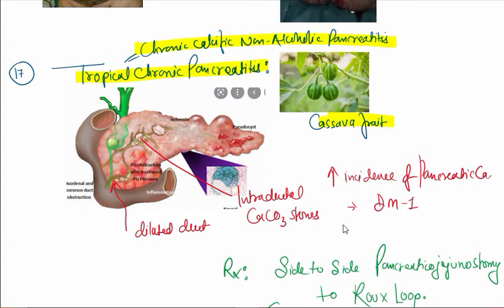It means it doesn't depend on alcohol consumption. The patient's pancreas will have a dilated duct, intraductal calcium carbonate stones, so multiple stones, and there will be increased incidence of pancreatic carcinoma, and the patient will also develop diabetes mellitus type 1.